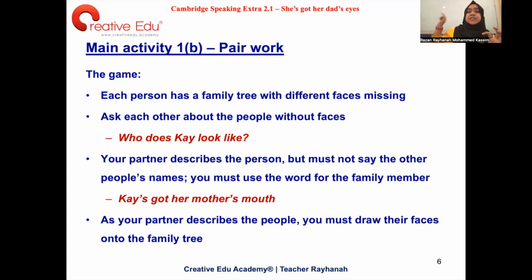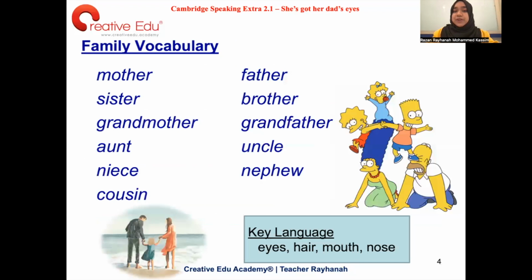And person B has to describe the person to me. But they cannot say the people's name. They must only use the word for the family member. The word for the family member is here in the family vocabulary. Can you see? So you should say, K has his mother's eyes, or K has his dad's nose.